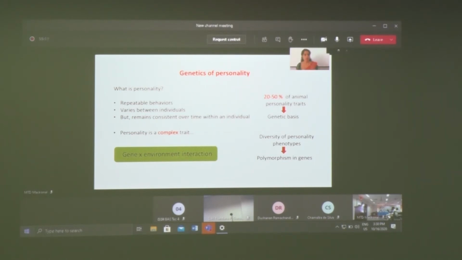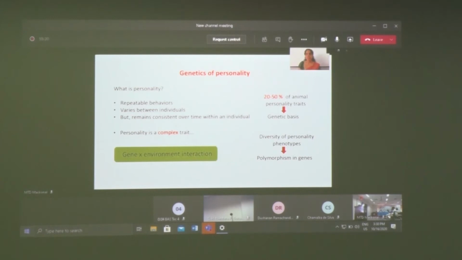It is said that 20-50% of animal personality traits happens to take, and a given personality trait is not merely the work of a single gene, but the result of several genes interacting as well, which is identified as homeostasis.